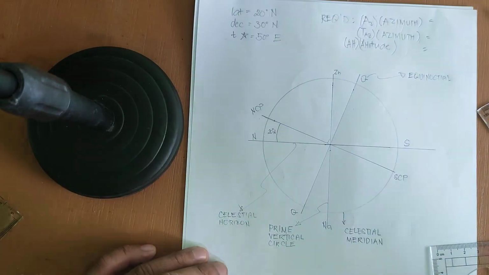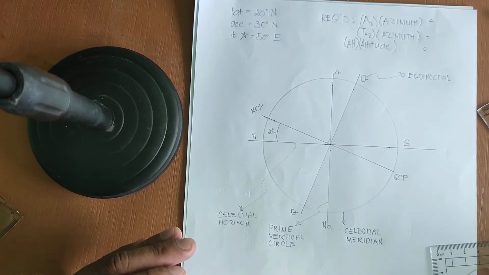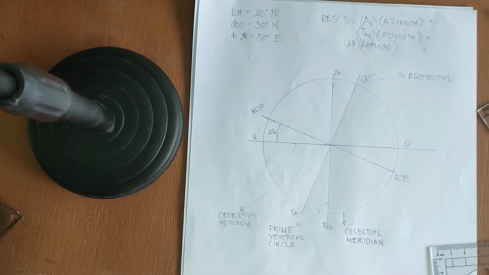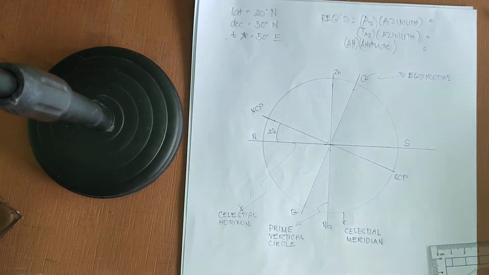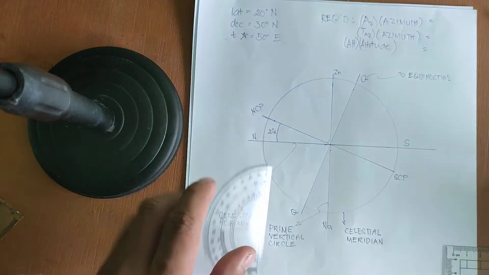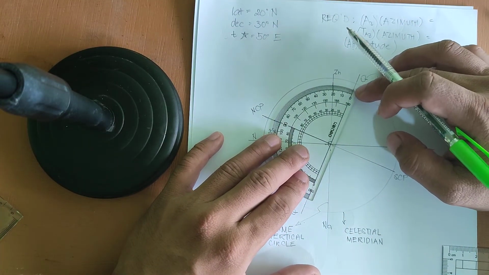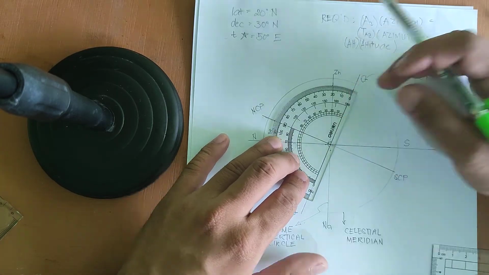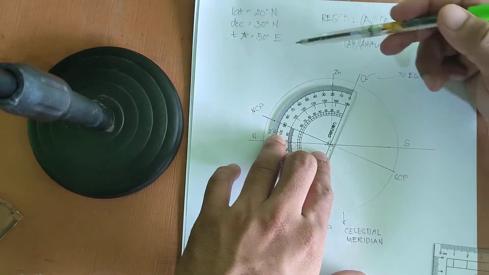Now we have declination also. So based from the definition of declination, it is the angular distance from equinoctial towards the celestial body. So from your equinoctial, we will measure 30 degrees, 30 degrees north. So I will plot on the upper side of your equinoctial because it is north.